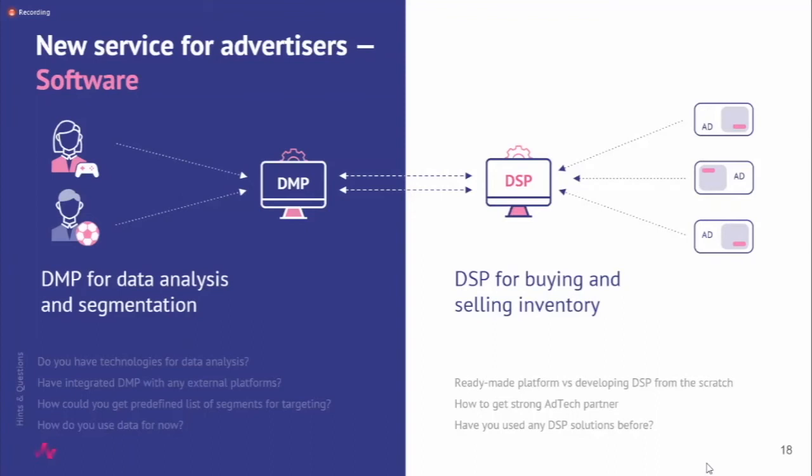Some of them worked with an external DSP platform on a SaaS model, and they spent a lot of time on integration, and on creating a specific way of sharing their sensitive data with this external SaaS platform.